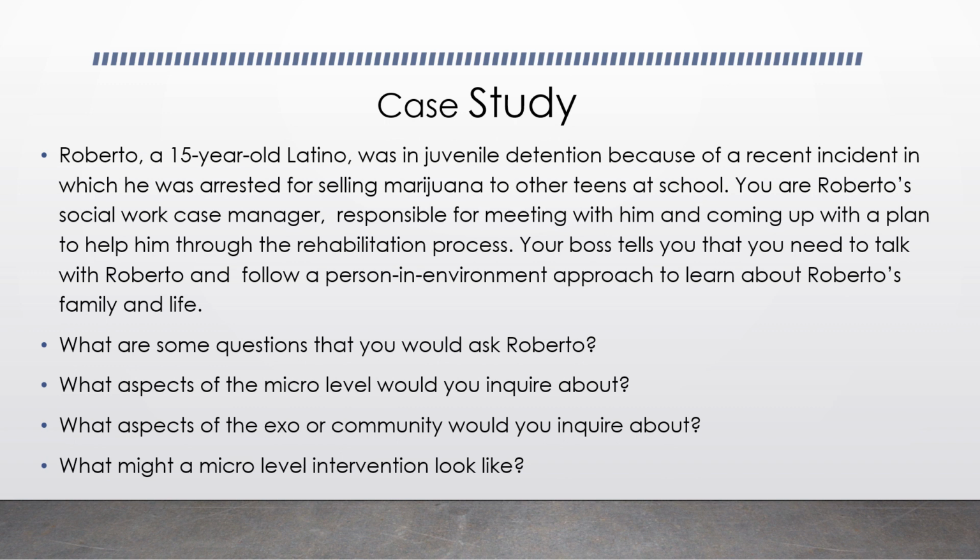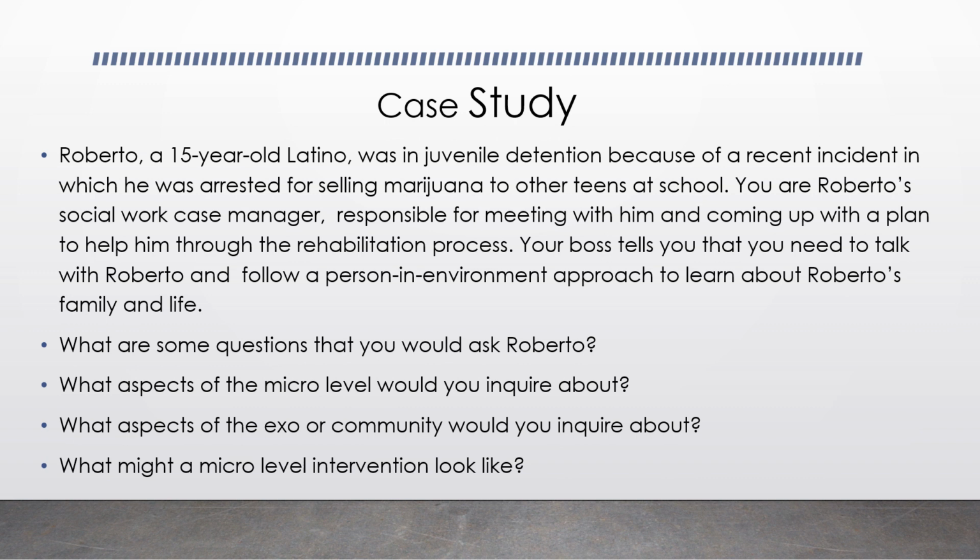Then you also want to explore the community level. So again, going back to the example of the school being underfunded, so it doesn't have the programs that Roberto needs to keep him interested or focused. So what can you do to help him with that? Or it may be, for example, that he's selling to help support his family because his father just got laid off, money's tight, things like that.